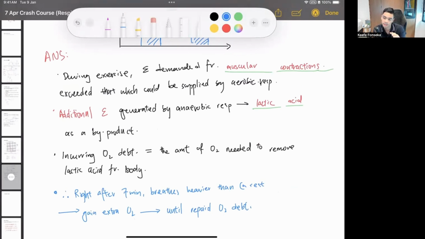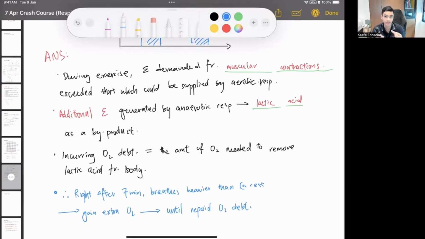So anyway, I saw this question about how is lactic acid being oxidized to glucose. Here's my interpretation of what you're trying to ask. Lactic acid is a byproduct. It needs to be removed from the body. It's not good to have extra acids floating around in your body. So how do we remove it?